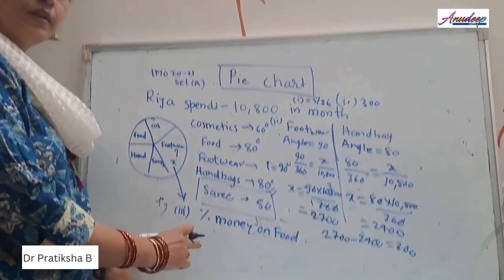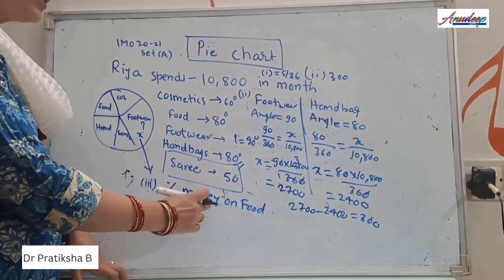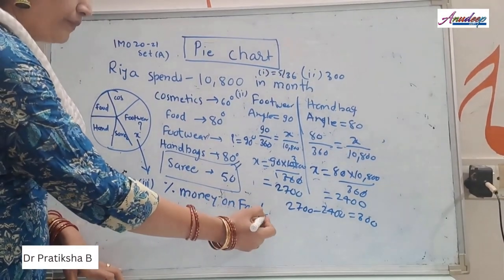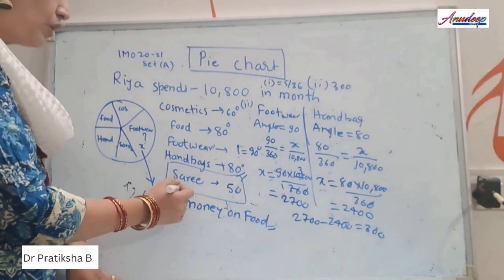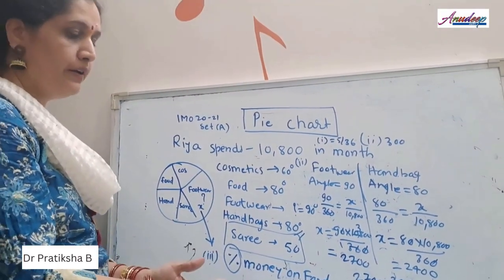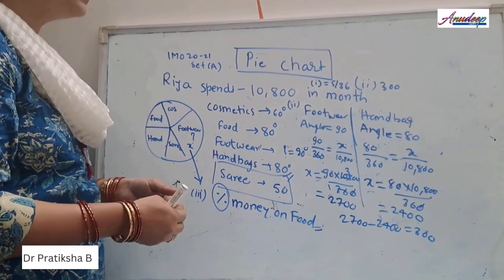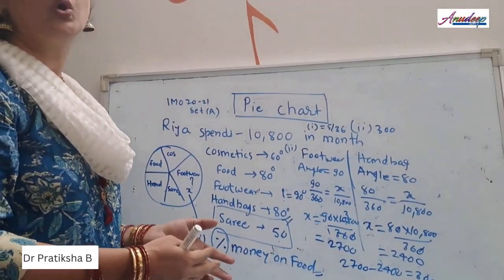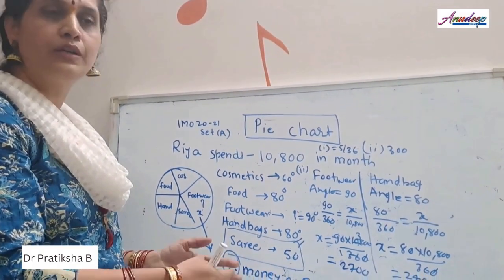Now in the third sub question, we need to find the percentage of money Priya is spending on food. Like previously in the basics we have discussed, if you have been asked to find the percentage, it is nothing but ratio into 100. For the ratio, you can take the angle upon 360 degrees, or you can take the ratio of the total quantity she is spending on food upon the total quantity she is spending.